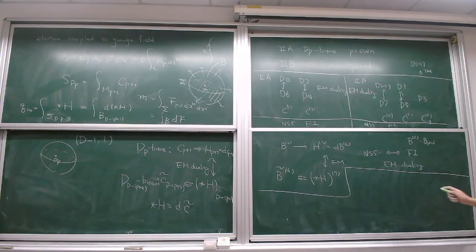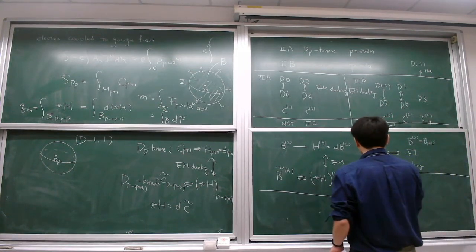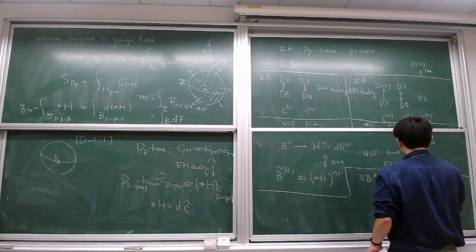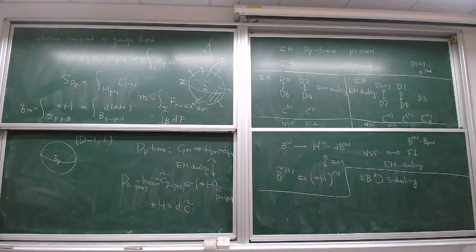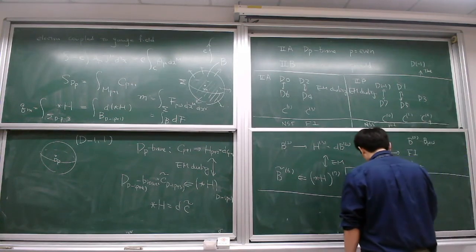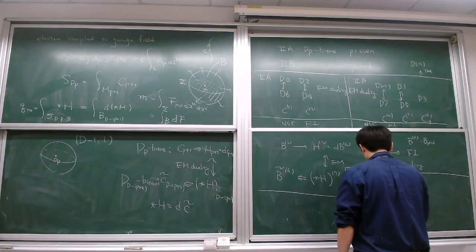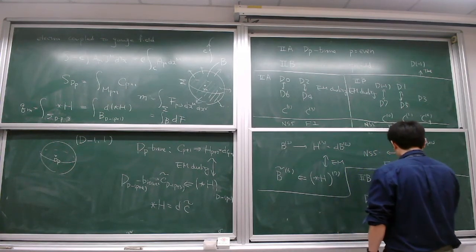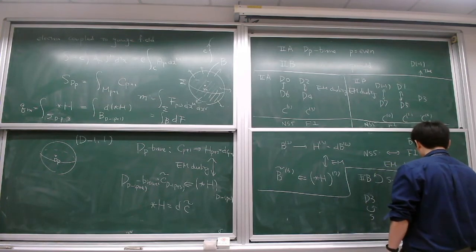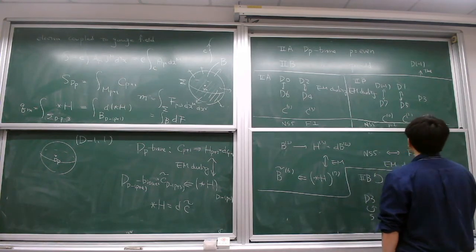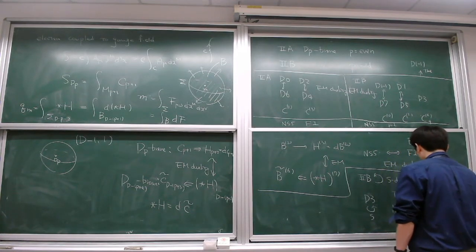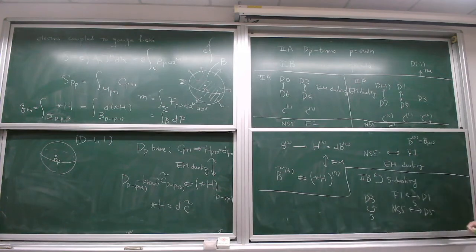Type 2B has so-called S-duality. S-duality leaves the D3 brane as it is, but the fundamental string is S-dual to the D1 brane, and the NS5 brane is S-dual to the D5 brane.